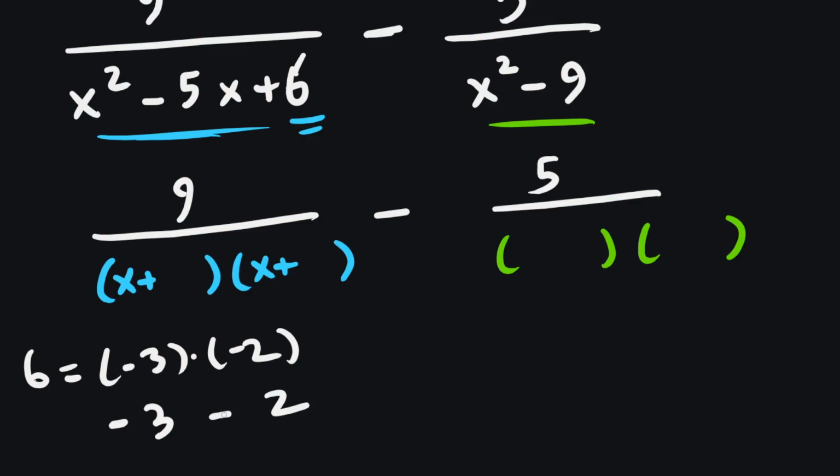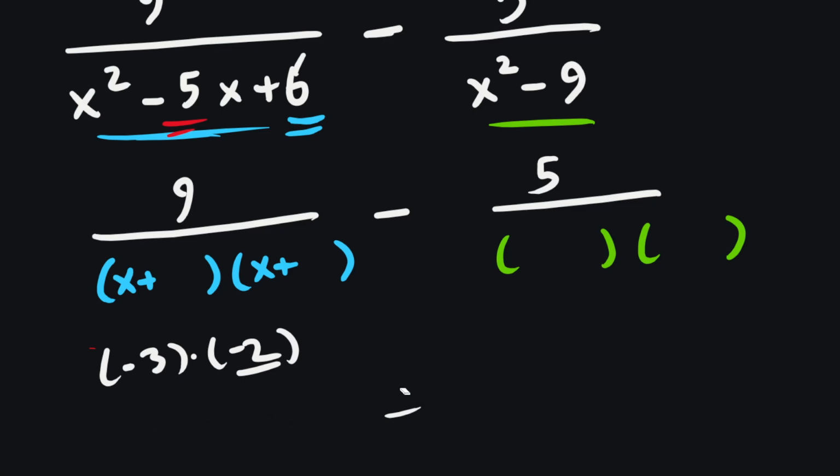Negative 3 minus 2. That is negative 5. So negative 3 and negative 2 work because they multiply to 6 and they add to negative 5. They multiply to 6, which is our c term, and they add to negative 5, which is our b term right there. So negative 3, negative 2, let's go ahead and use them.